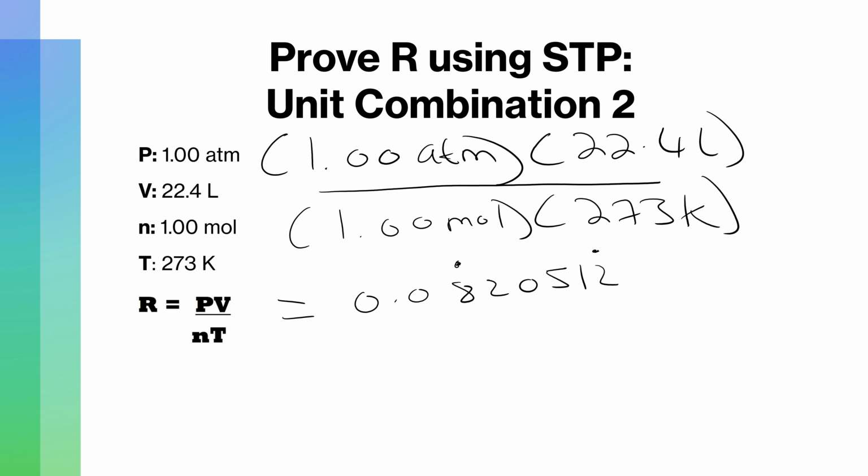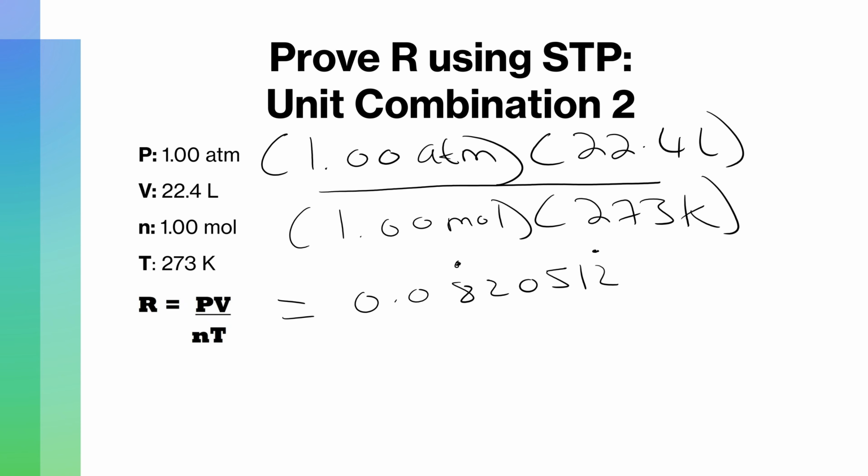Quick reminder, if you have a value that begins with zeros, those initial zeros are not significant figures. You have to go along the value and find the first figure that is more than 0, and that is your first significant figure. So in this example, 8 is our first significant figure, 2 is our second, and the 0 after that is our third. The fourth figure is 5.